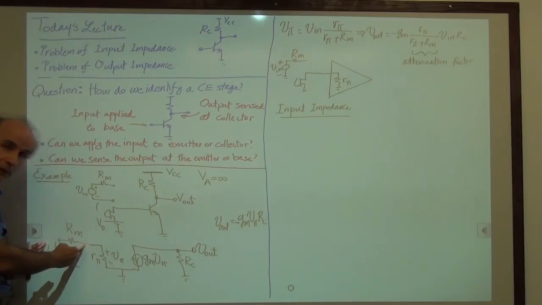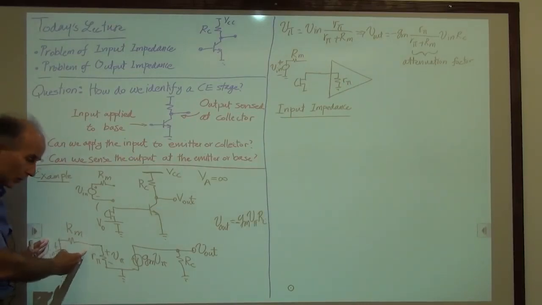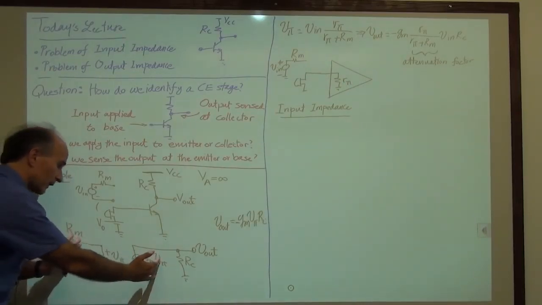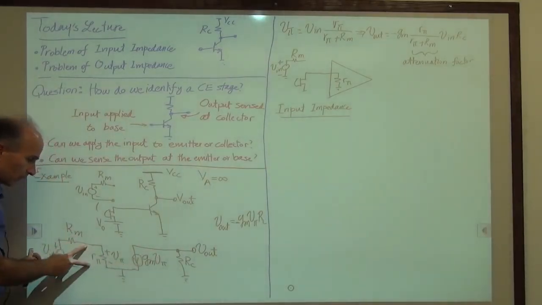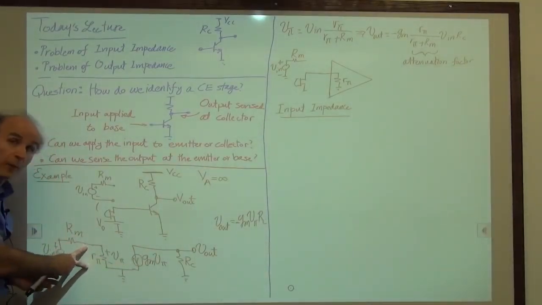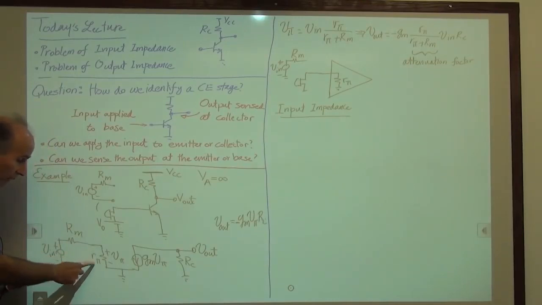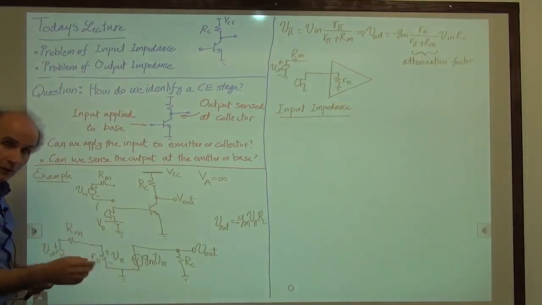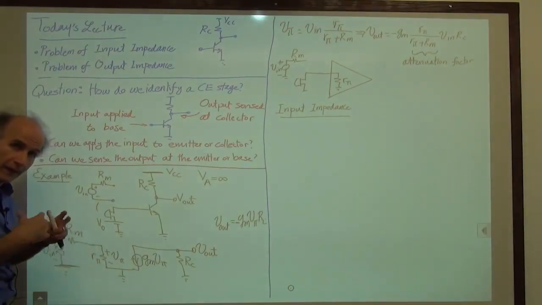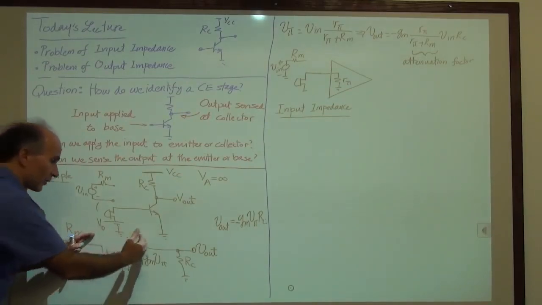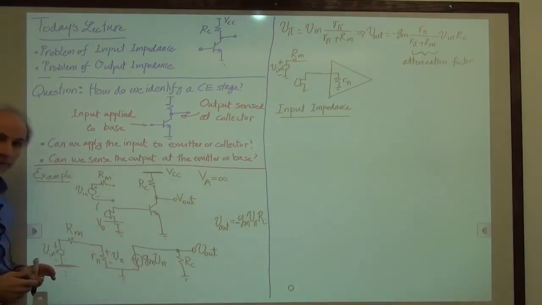We bought the microphone, it has a certain resistance. So it is our job to design this amplifier so that we don't have much attenuation here, if possible. And that means that R pi must be large. So somehow we want to reflect that in our characterization of this amplifier.